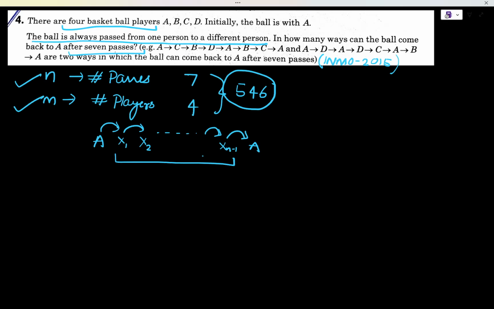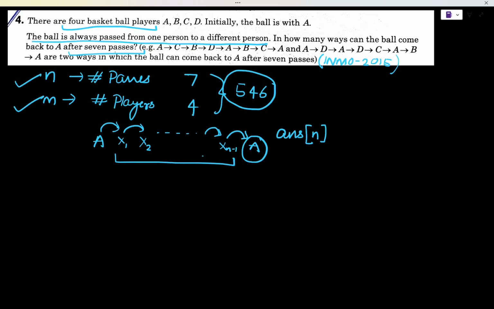Now, if I represent the answer after n passes with some variable called answer, then it's not difficult to observe that the total number of ways A is going to get the ball after n passes will be the same as the total number of ways in which these m minus 1 players, excluding A of course, receive the ball after n minus 1 passes.